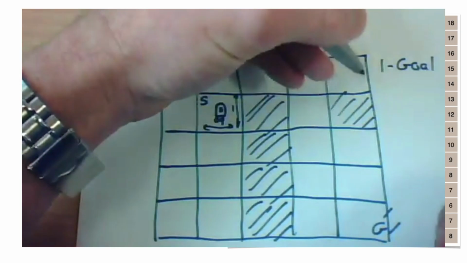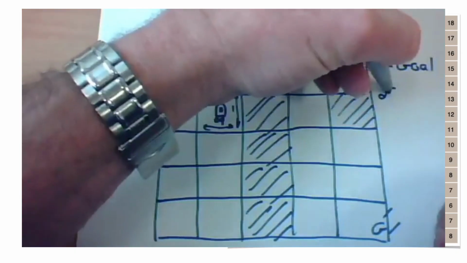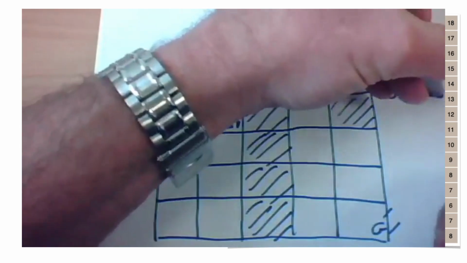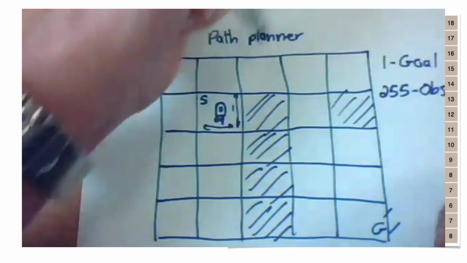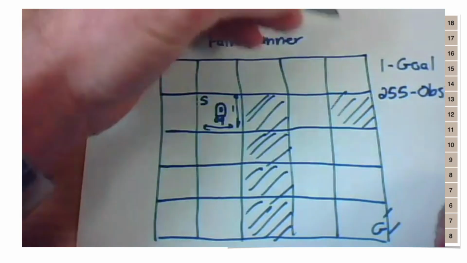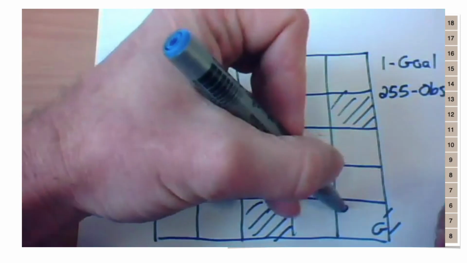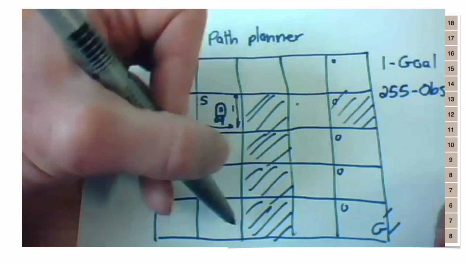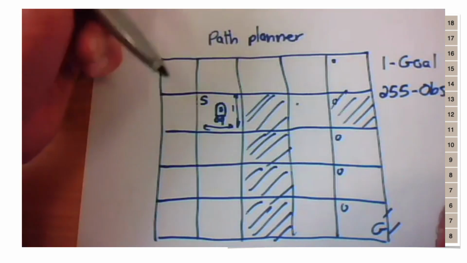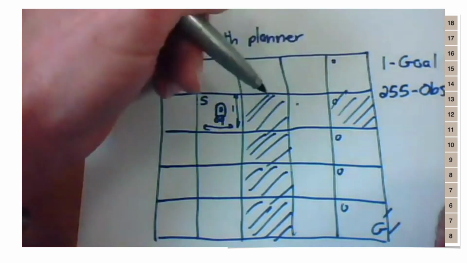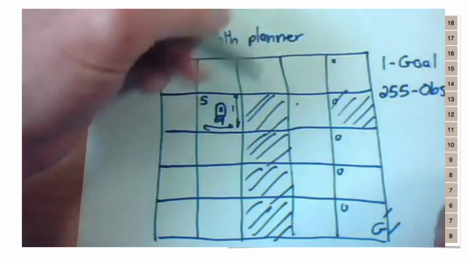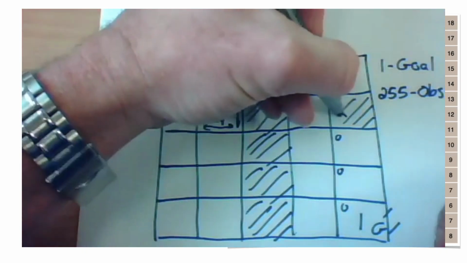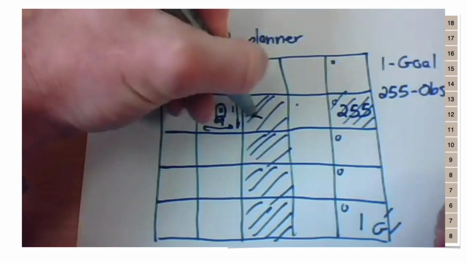And let's say a high number, let's just put 255, is going to be an obstacle. Initially the array is filled with all 0 values. It's initialized to 0 values. Everything is zeros. And then what the planner does is it puts in values for the places that it knows. For example, the goal is position 1. The obstacles are value 255.